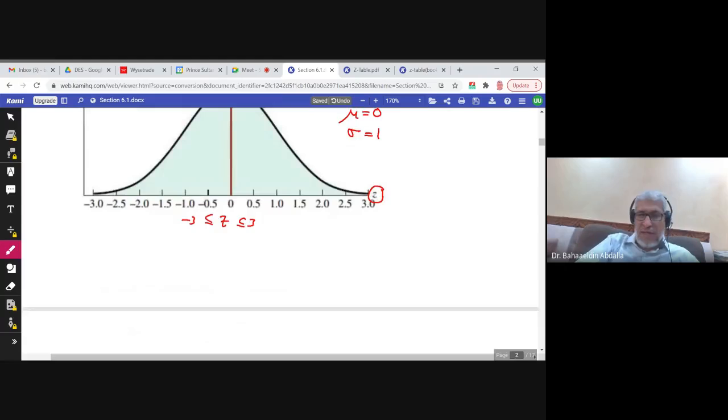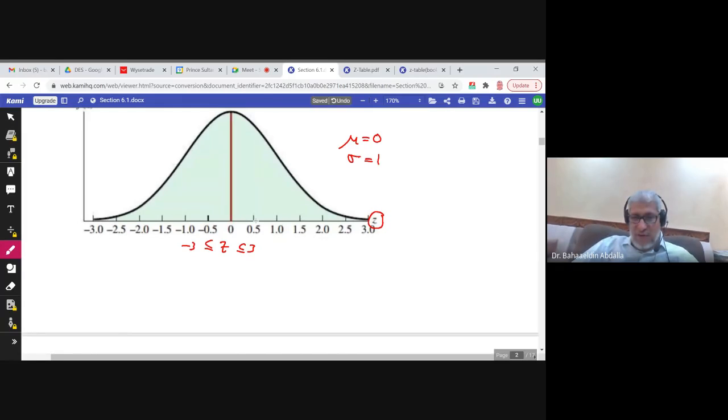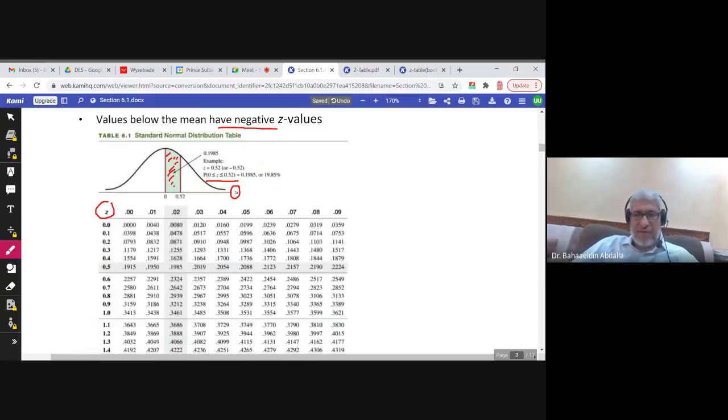For example, if you look to 0.5 in the table, it will give you this area. If you look to 1, it will give you the area from 1 to 0. That's the areas given in the table. So if you look to 0.52, this is 0.5. If you need the second decimal, this would be given here. So 0.50, 0.51, 0.52, that's the number.